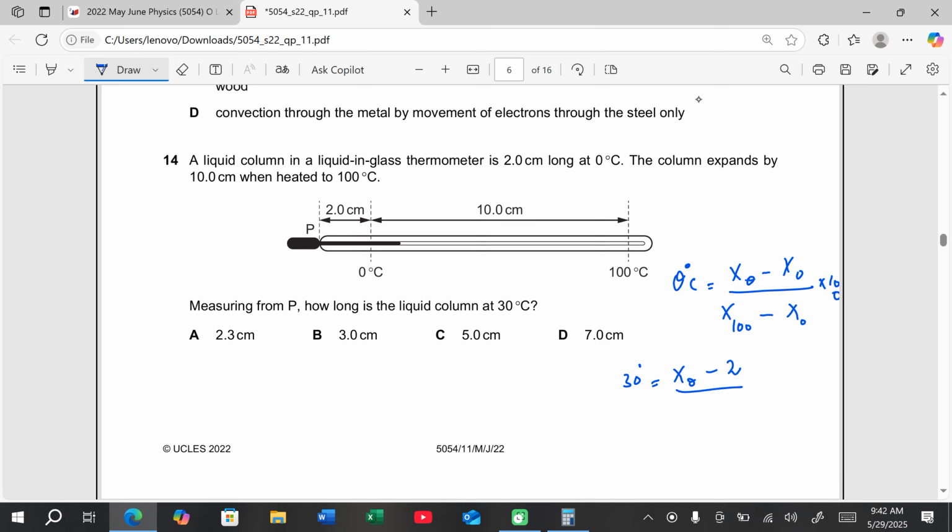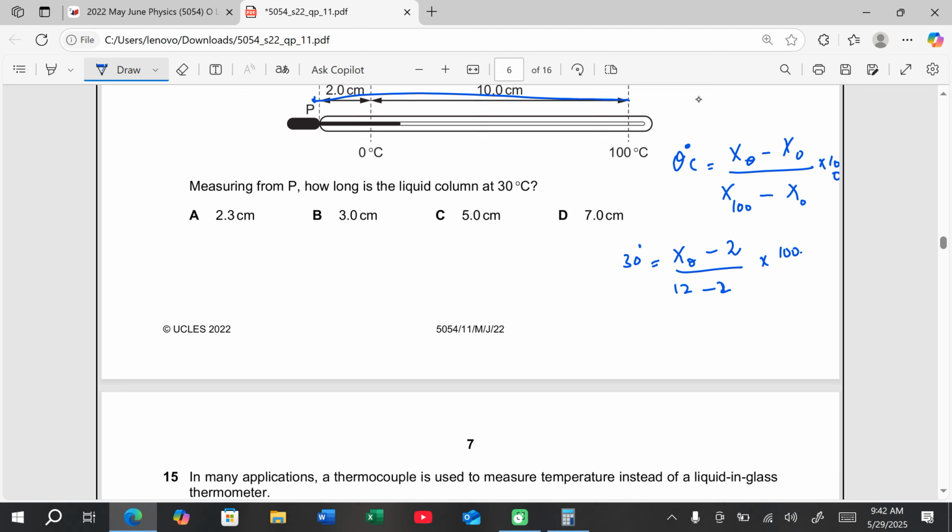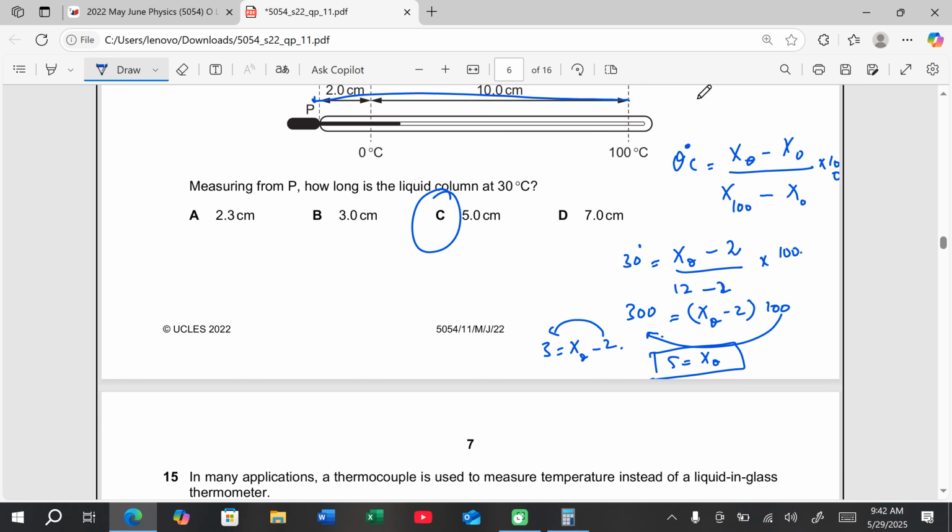This is total 12, because I need to start from here till here, that's 12 minus 2, times 100. So that's 10, that is going to multiply there, that's going to be 300. 100 will go and divide here. Minus 2 will come and add up here. So that's 5.